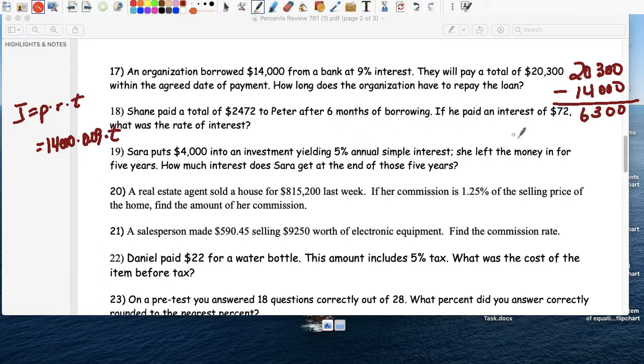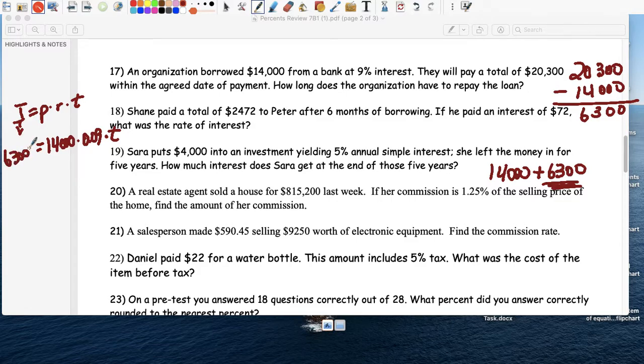So when you go back to the bank after whatever time, you're going to pay $14,000, which is what you borrowed, plus 6,300, and that's what the bank makes from you. Okay, so the interest here is 6,300.